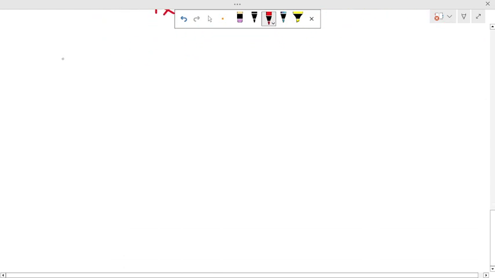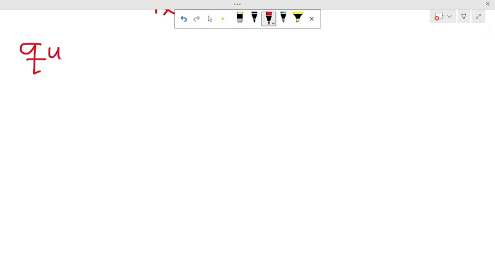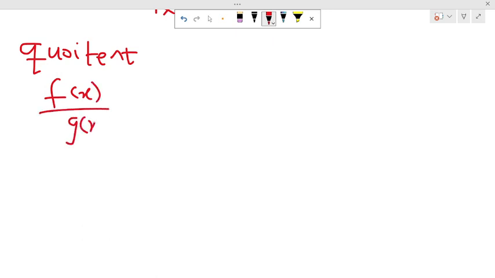Again, we can also move to another rule called the quotient rule. Now for the quotient rule, it's when we have a function, let's say f of x divided by g of x. Now I will be doing the real quotient rule in the next video, because this one involves a little bit more technicalities and I don't want this video to be long.